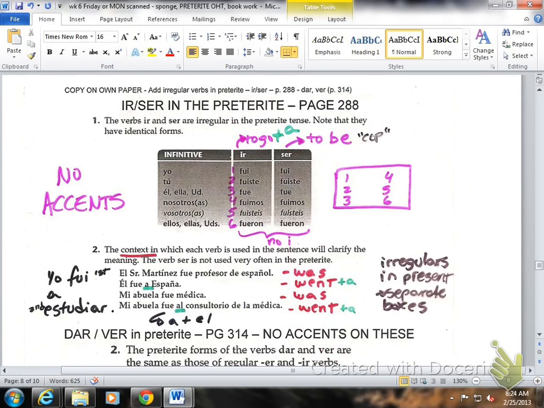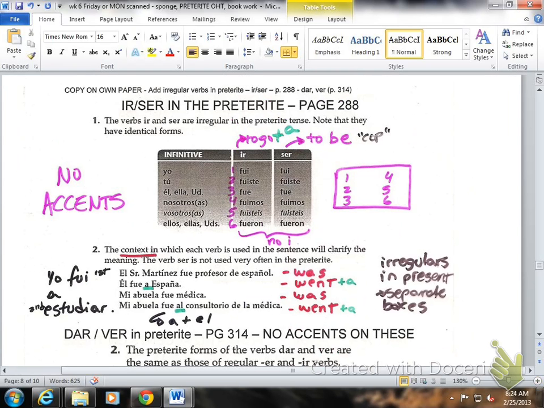Another clue would be looking at the sentence in context and seeing that anytime you're using the verb to be, ser, if you were or somebody was something, it would be referring to characteristic, origin, permanence, time, date, all the reasons that we went over why we used the verb ser.